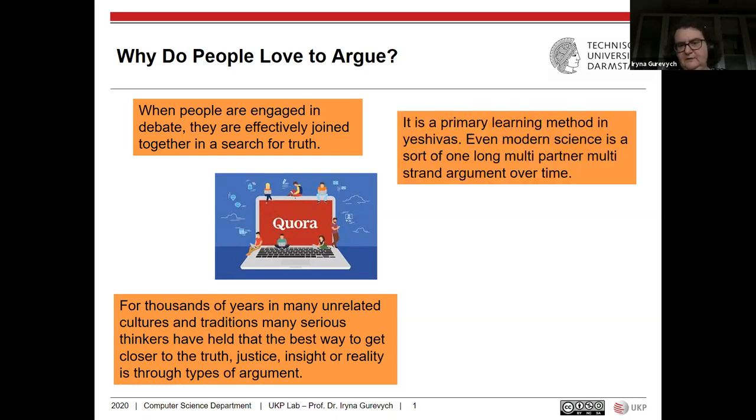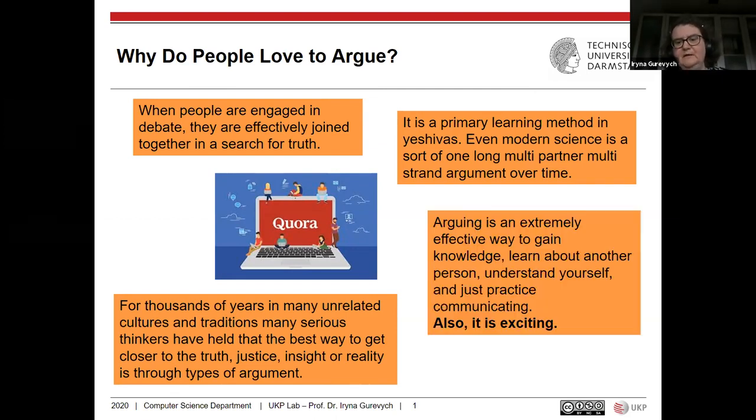It is a primary learning method, and even modern science is a sort of one long multi-partner, multi-strand argument over time, which I find a fascinating application if we were able to extract arguments from scientific literature and chain them over time. And finally, arguing is an extremely effective way to gain new knowledge, learn about another person, understand yourself, and just practice communicating. It is exciting.